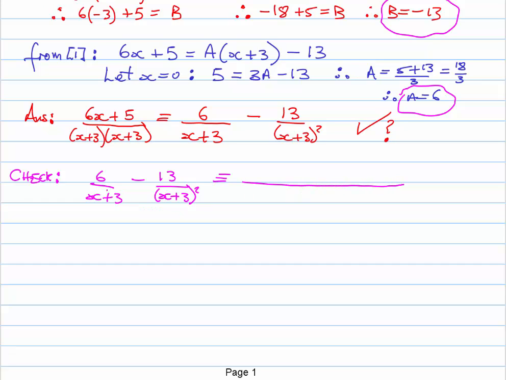Here you can see two fractions, two denominators. The common denominator is x plus 3 all squared, which is the same as x plus 3 times x plus 3.